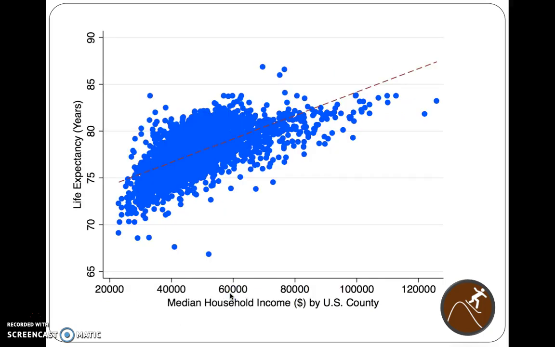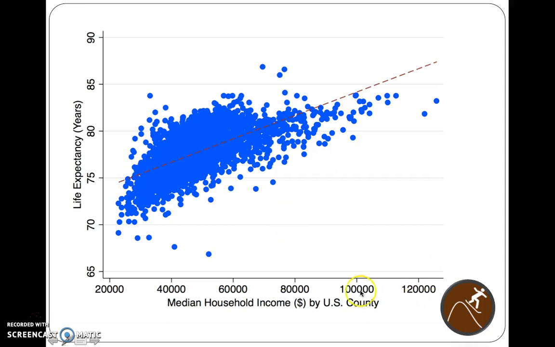So in this example here, we've got a graph of life expectancy by median household income in the United States. Just looking at this graph first, what do we see? This is county level data. Counties that have less money on average per person, so the median household income for the middle family in that county, when that is low, the life expectancies are down here.